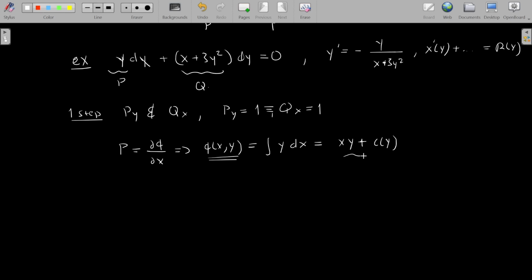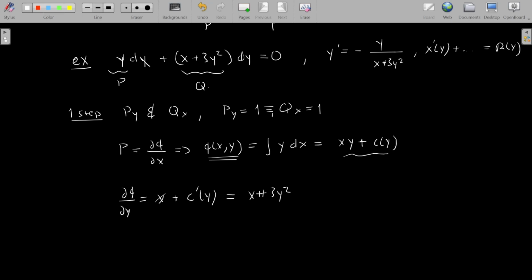Now that we have phi, we will take this and differentiate it with respect to y. So the partial of phi with respect to y is going to be, this is x plus the derivative with respect to y. But we know that this is Q. Q is this guy, x plus 3y squared.